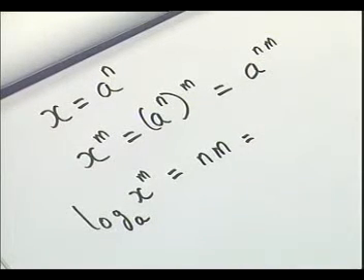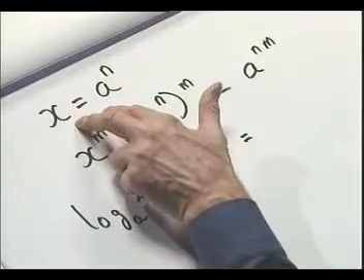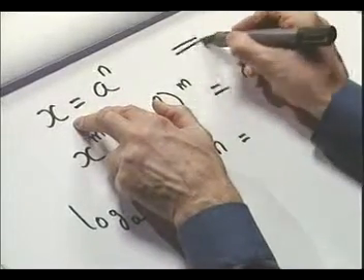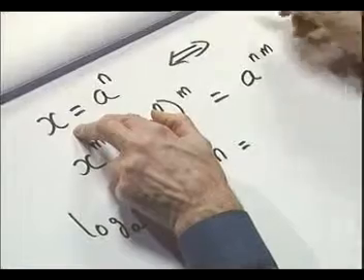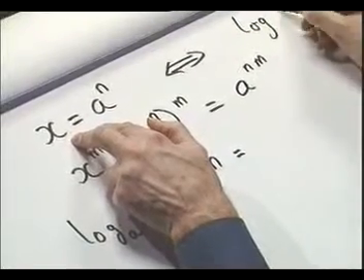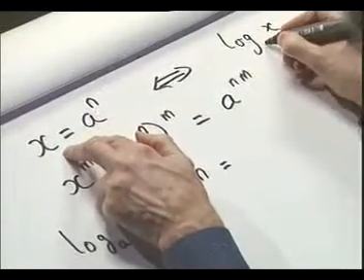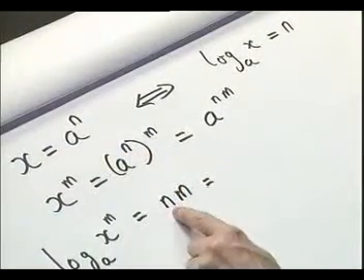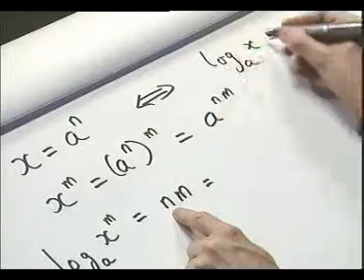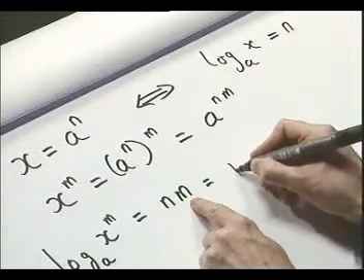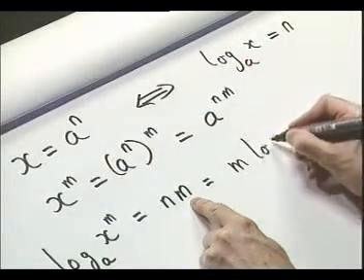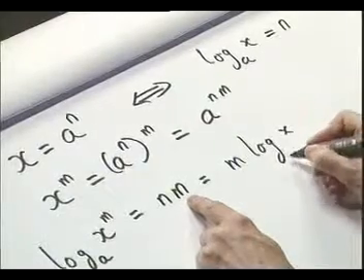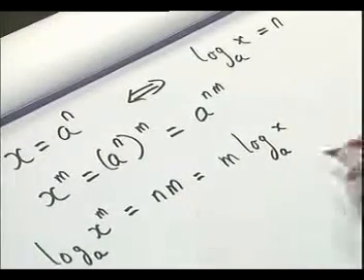equals, well, the equivalent statement is that the log of x to base a is equal to n. So instead of n, I can write this, and I must multiply it by m. So that's m times the log of x to base a.